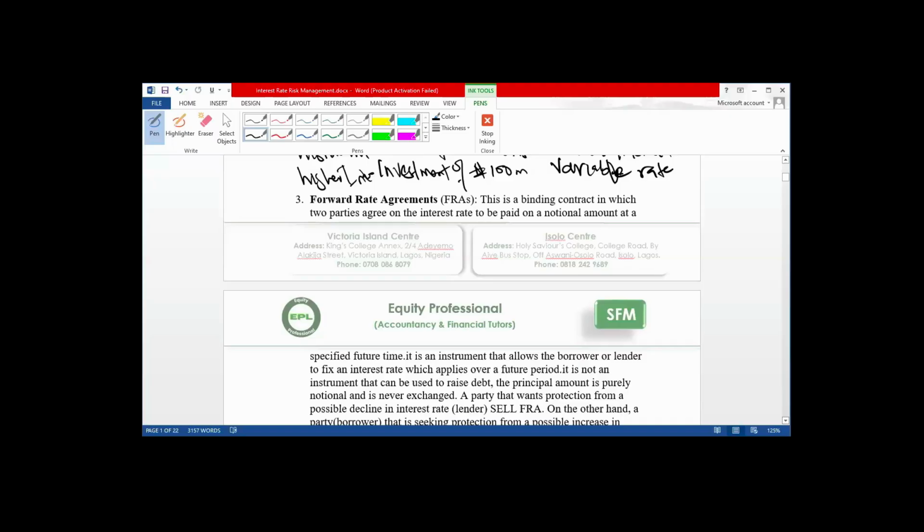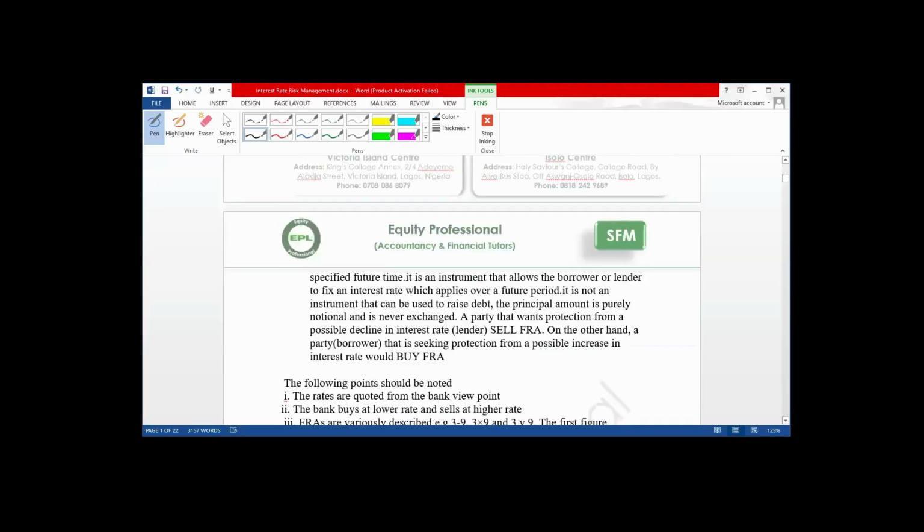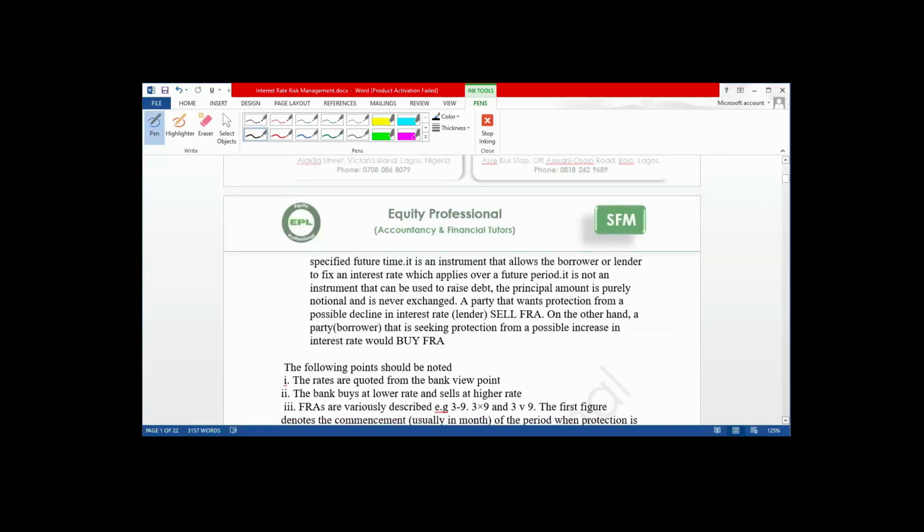Forward rate agreement is an instrument that is used to fix interest rates. It is not used to borrow money. Please get it clear. We only use the instrument to fix your borrowing rates.